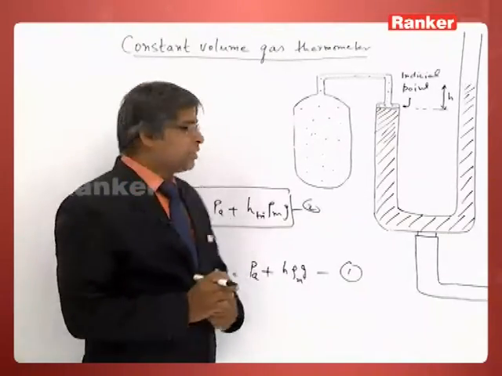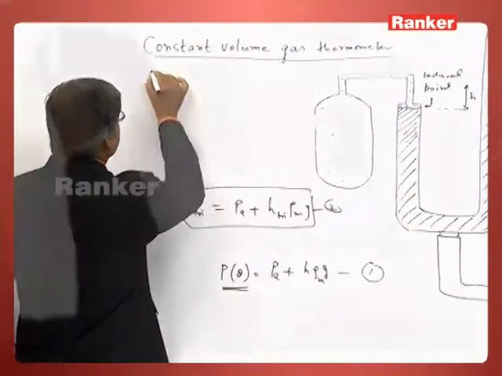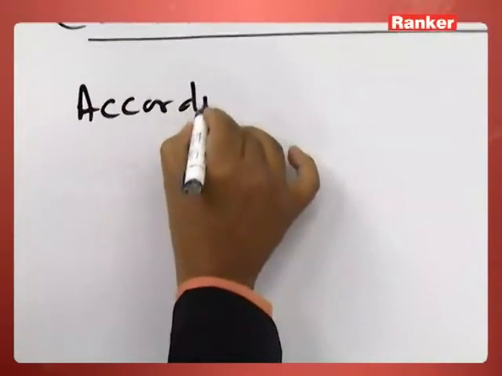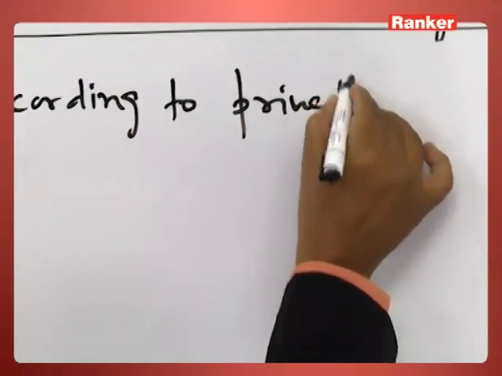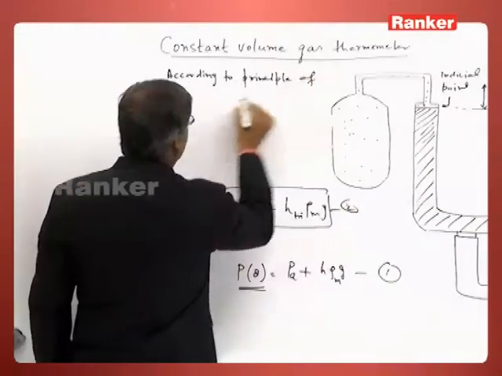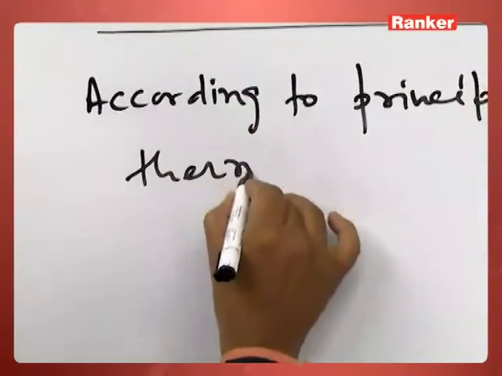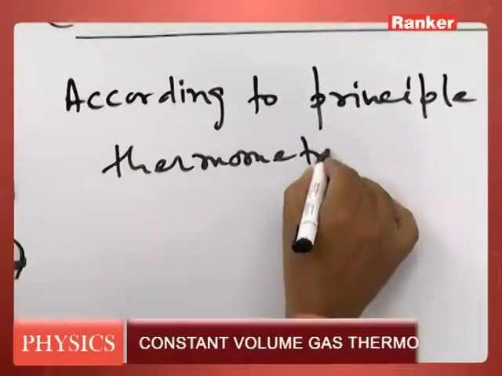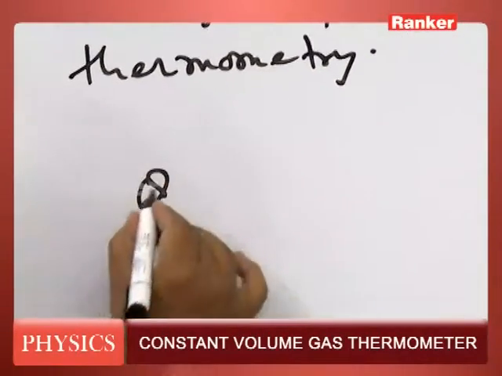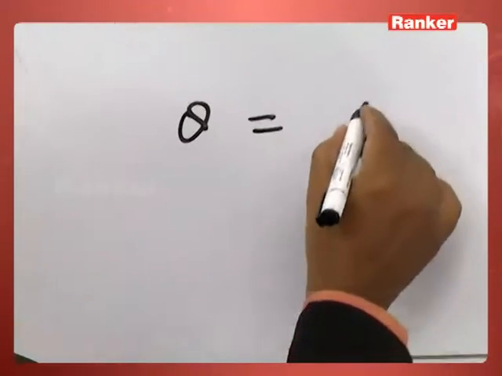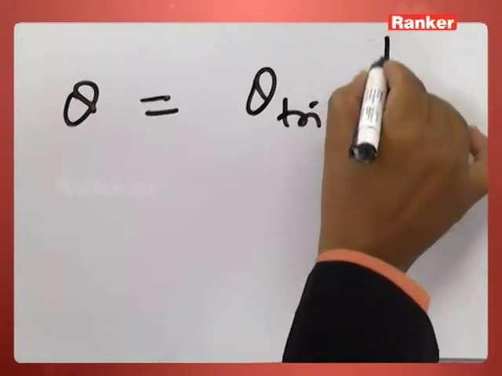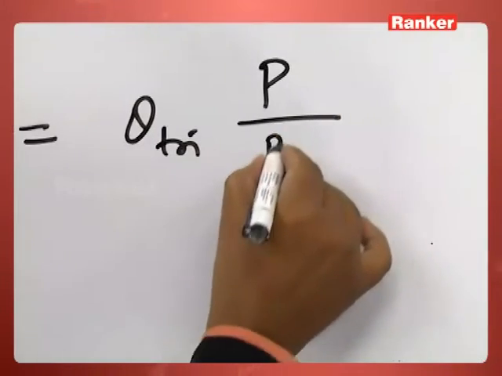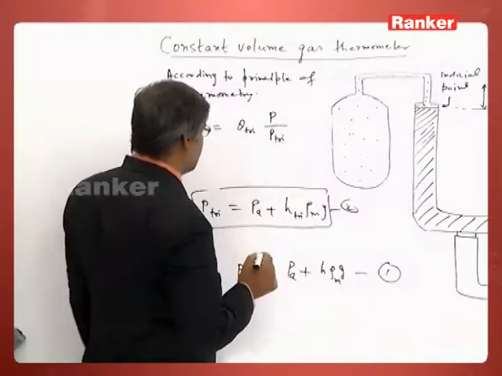Now according to the principle of thermometry, the temperature theta will be equal to the temperature at triple point by P into P at triple.